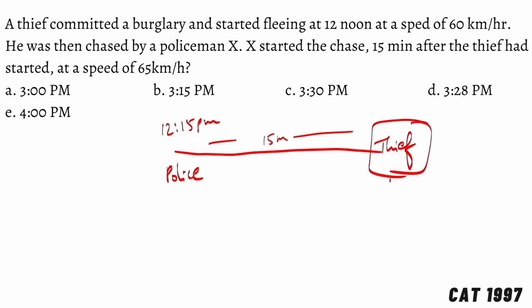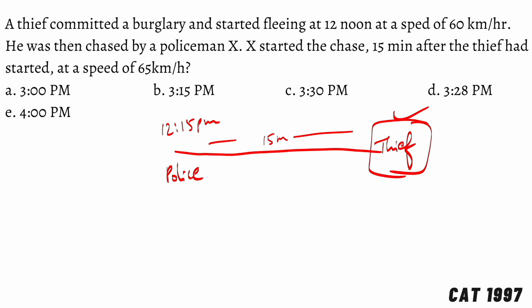Let us assume the thief to be stationary, because the speed of the thief is slower than the speed of the police. As this is the slow body, we can assume it to be stationary. Now in 15 minutes, how much of his journey did the thief complete?